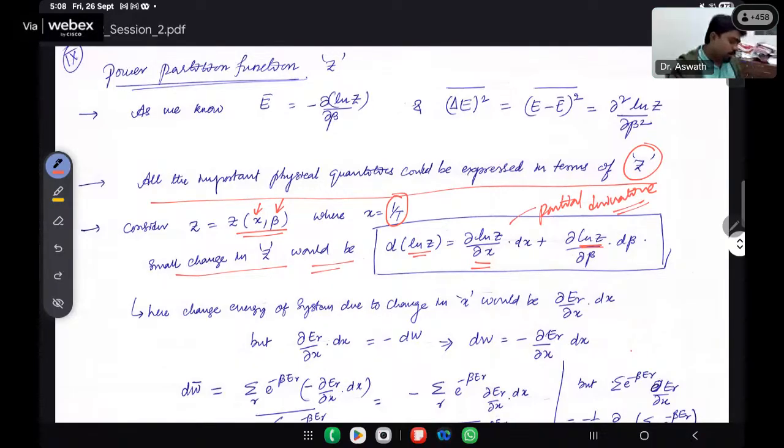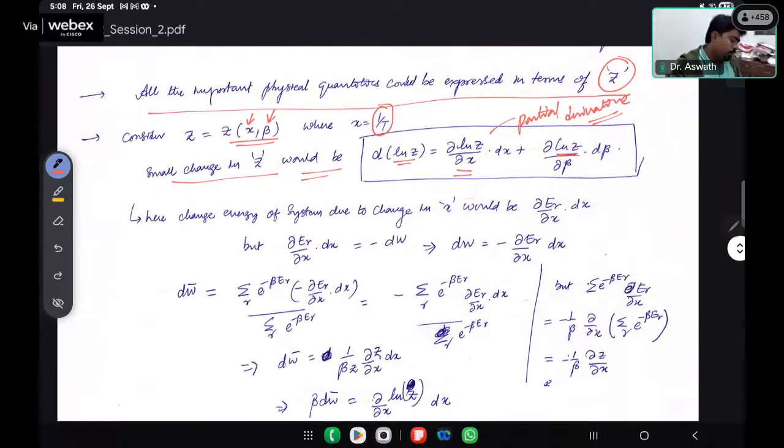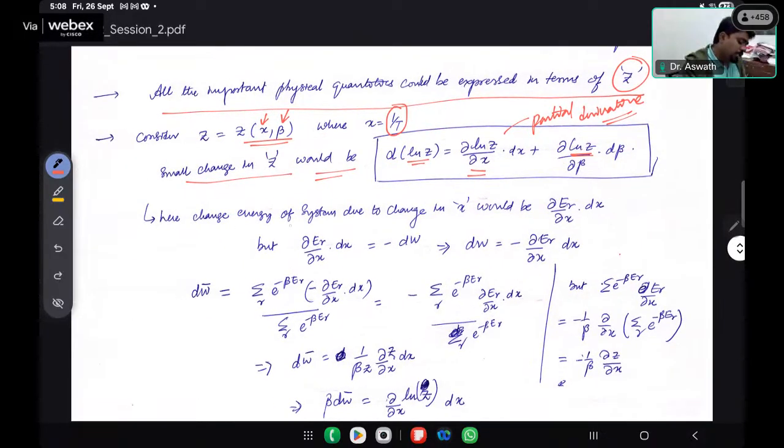By the way, the change in energy of the system due to an x change would be simply the derivative of ER with respect to x multiplied by dx, which is simply force into displacement, just like work done.